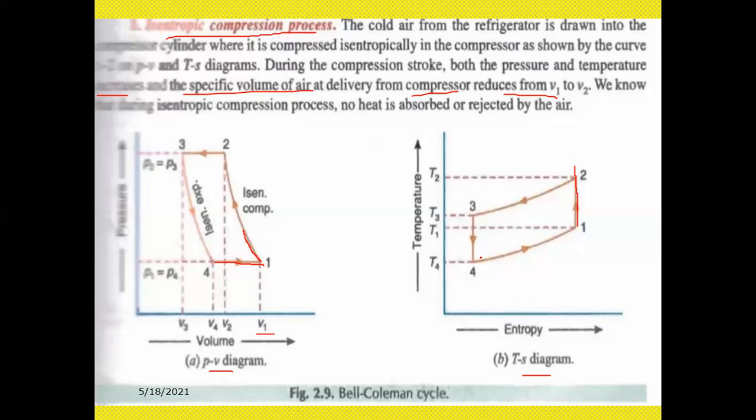The temperature is increasing from T4 to T1, while the pressure is constant. So this is a cycle. During the compression stroke, the pressure and temperature increase and the volume of air decreases, and we know that during the isentropic compression process, no heat is absorbed or rejected by the air.